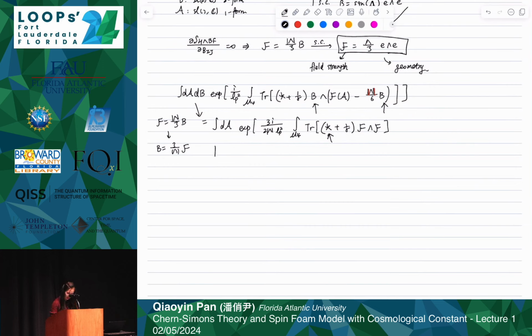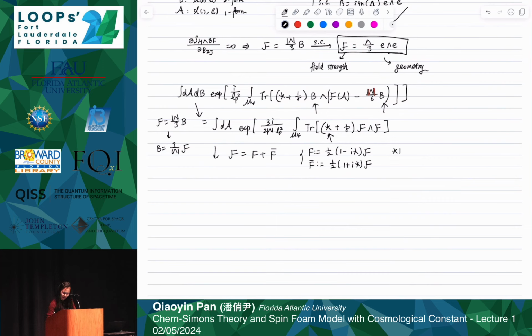So we decompose this F, I wrote curly F, into a self-dual straight F and the anti-self-dual part. This straight F, the self-dual part, is defined as 1/2 times (1 minus i Hodge dual) acting on the curly F. And the F bar is defined similarly, but with a plus. And why is it self-dual?